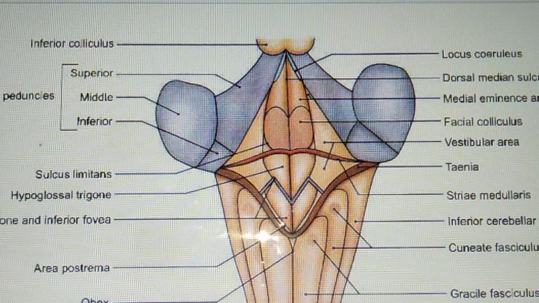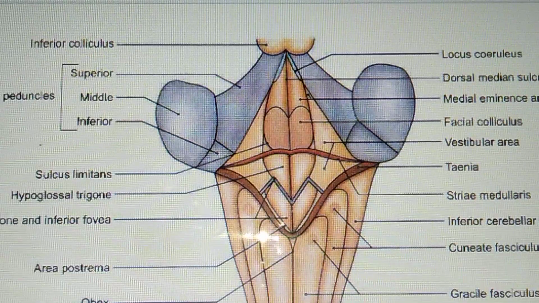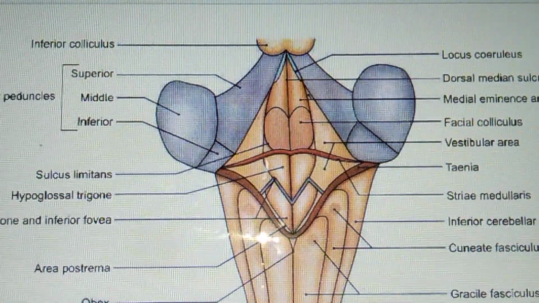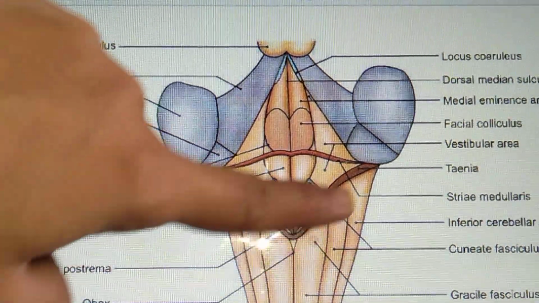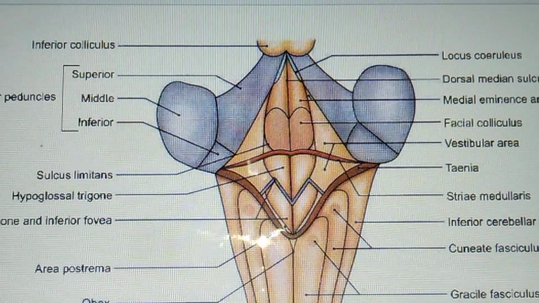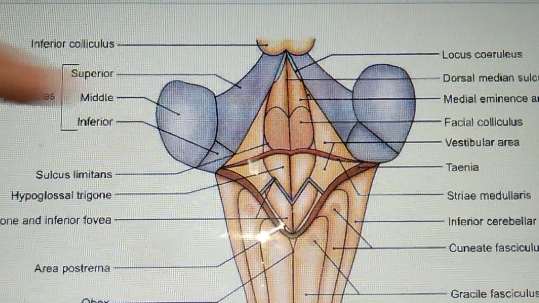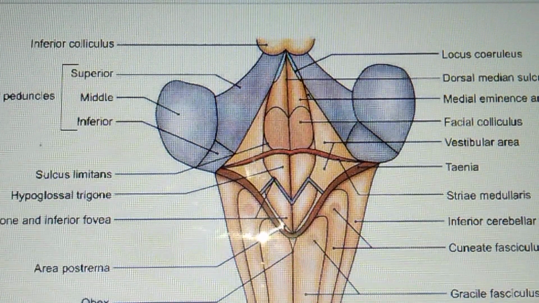Now, the floor is divisible into three parts. You can see an upper triangular part, formed by the dorsal surface of the pons, then the lower triangular part formed by the dorsal surface of the medulla, and the intermediate part, which is at the junction of the pons and the medulla.